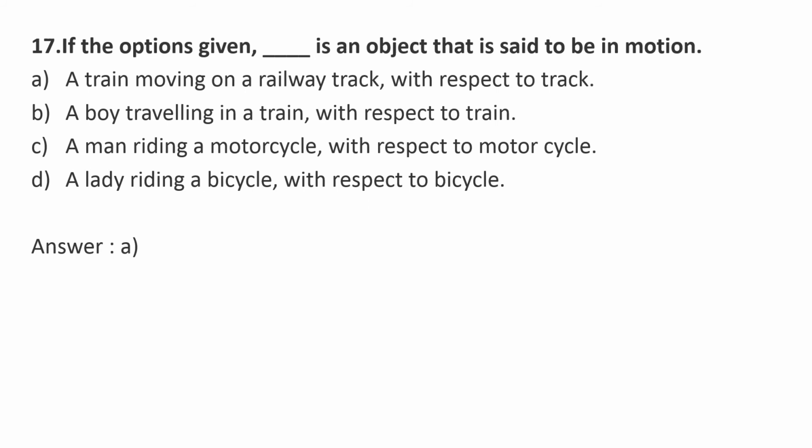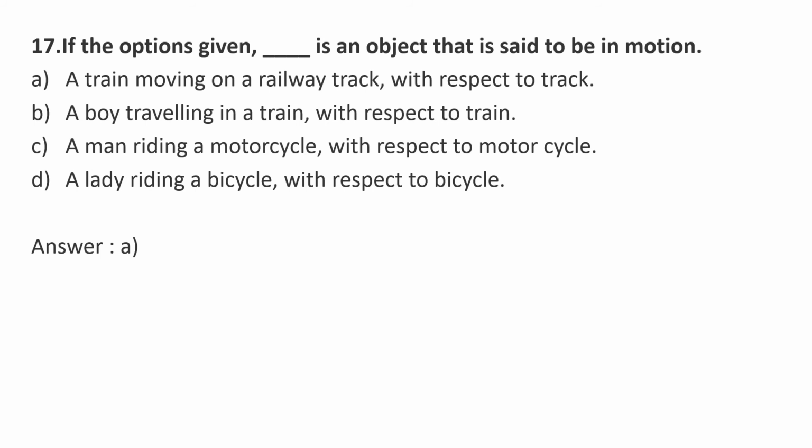C, a man riding a motorcycle with respect to the motorcycle. D, a lady riding a bicycle with respect to the bicycle. By definition, a body is said to be in motion if it changes its position with respect to its surroundings with the passage of time.